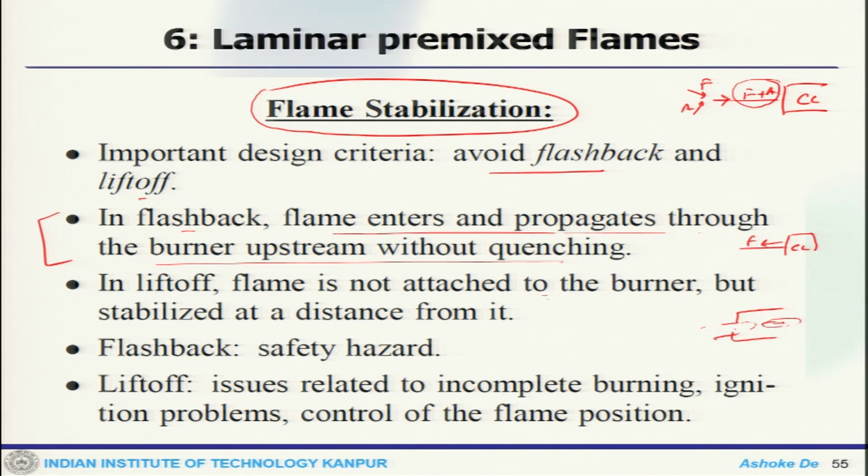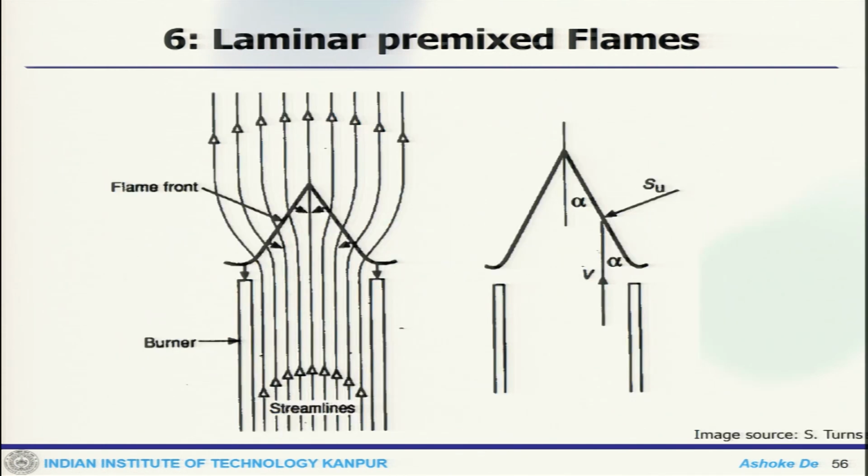So, the flame will be sitting somewhere else, which is also not good for design purposes, because the heat will be generated and hit this portion of the chamber. So, there are a lot of design issues. Flashback is a safety hazard, lift off is related to incomplete burning, ignition problems, and control of the flame position.